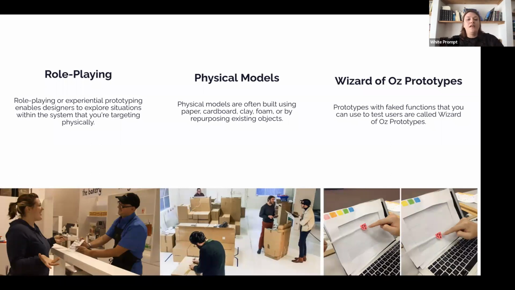In role-playing prototypes, this is more used in service design. It could be a role-playing in which you can test out, I don't know, if you have to take a bus, you can interact with other people and see how the process is before you go and try to pay your ticket, or whether you need an app for tracking all your buses.